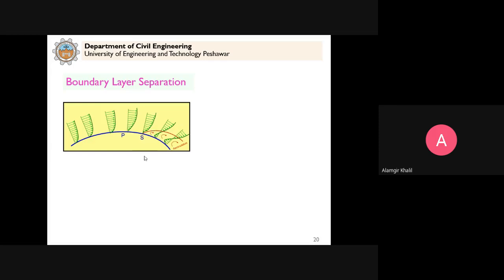Now in this case, after this S, you can see that there is a backflow generated, or in other words, the fluid has separated from the surface, because up to here the fluid sticks to the surface, but at point S the fluid separates, and a recirculation takes place.